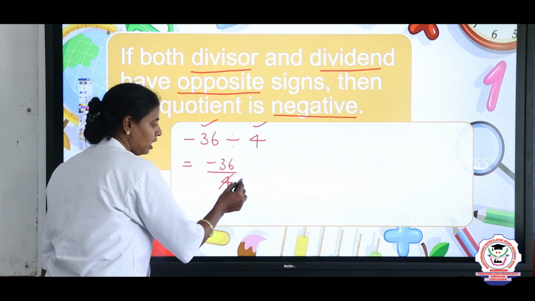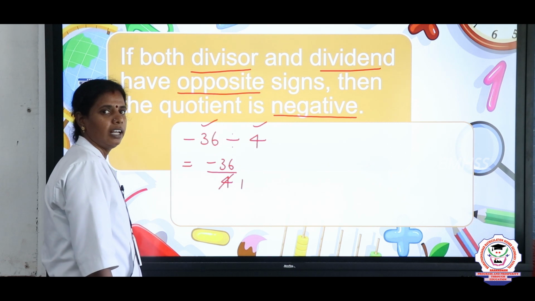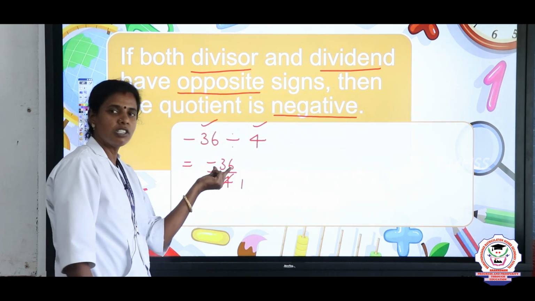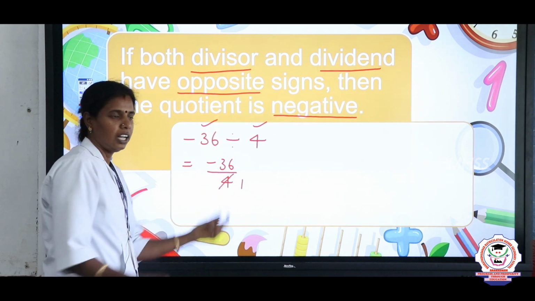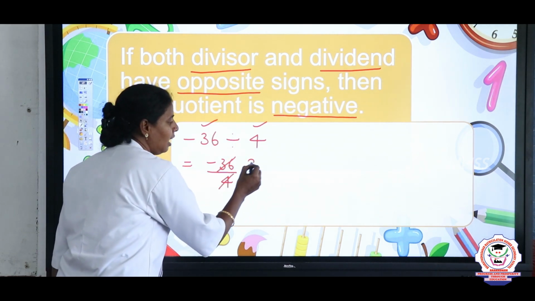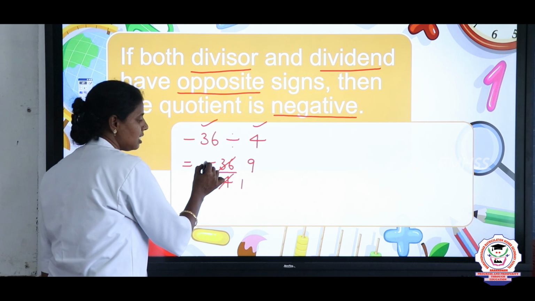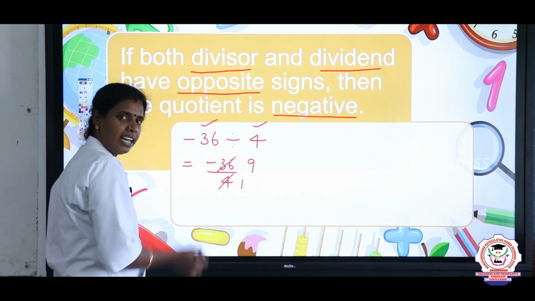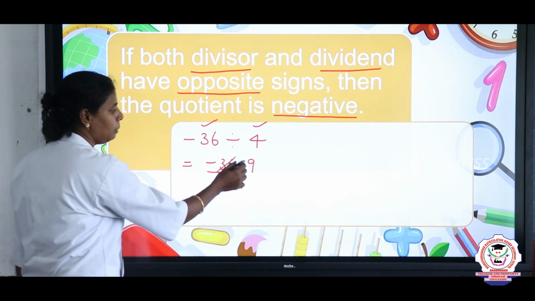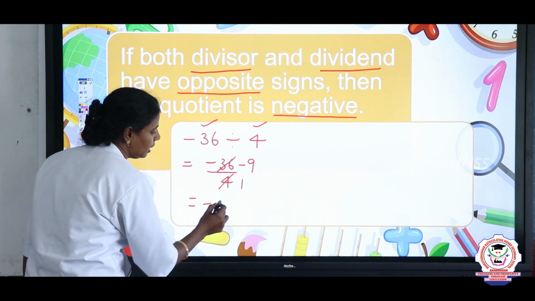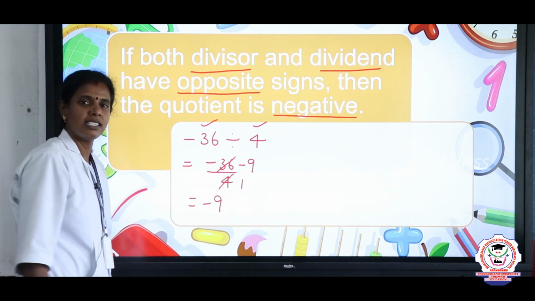Now we can cancel both 36 and 4 with the common factor in the 4 table, right? How many 4s are there in 4? 1. Yes, Akshaya, how many 4s are there in 36? In the 4 table, 4 9s are 36. Here 36 is a negative integer, so 9 also is negative, that is minus 9 by 1, which can be written as minus 9.